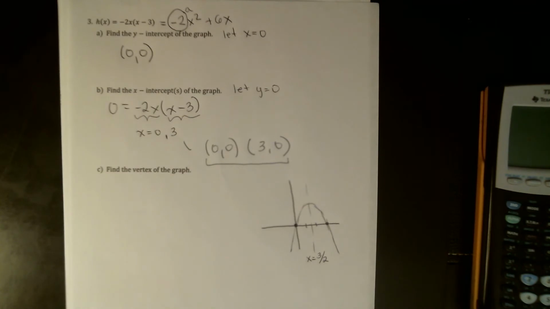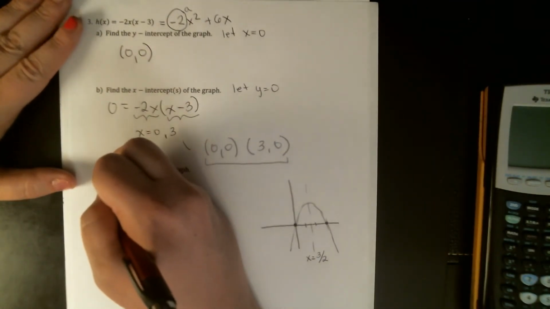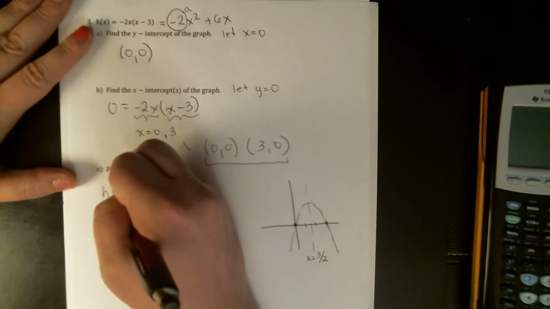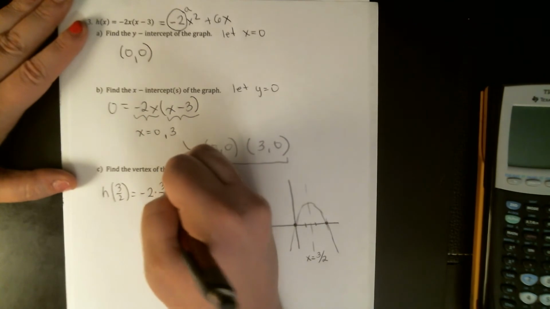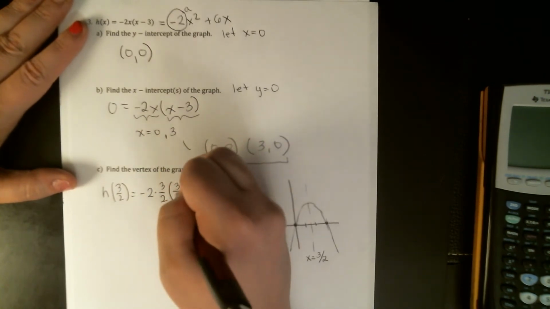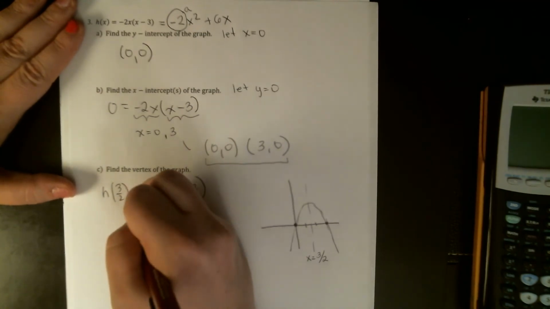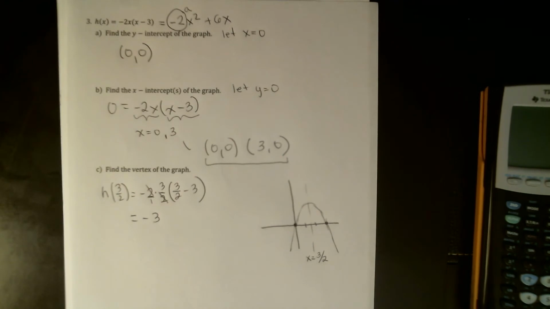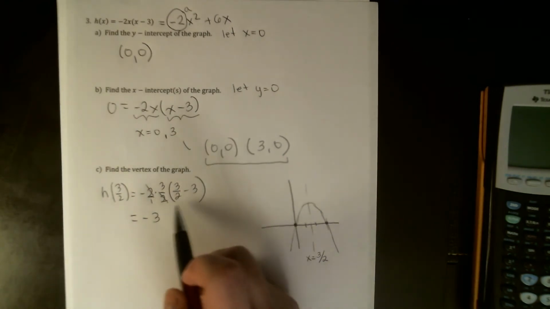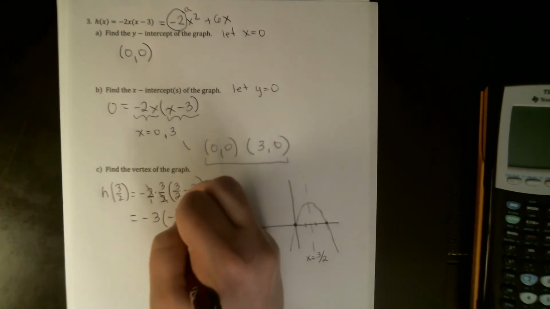I will still have to plug back in to find the y-coordinate of the vertex. So I will take my h and plug in 3 halves, which gives me negative 2 times 3 halves times 3 halves minus 3. Okay, so out in front, I get a negative 3. The 2's cancel. Remember, this is a 2 over 1. And then this was 1.5. So 1.5 minus 3 is negative 1.5, which means this is a negative 3 halves.